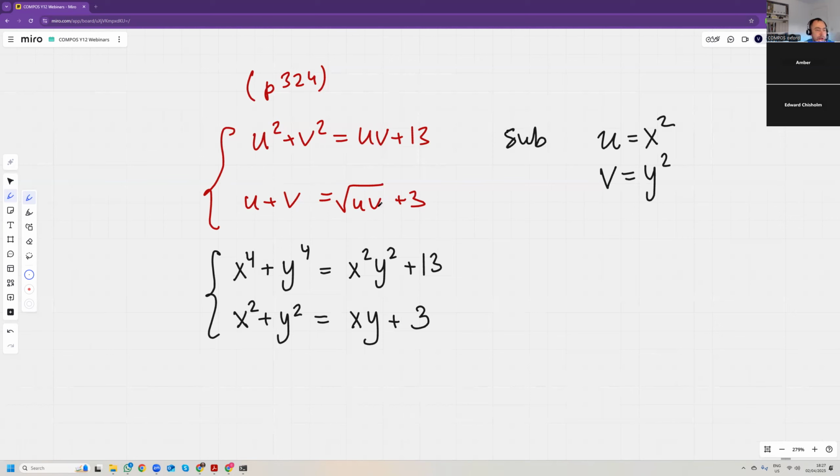Now, you have to mention that uv has to be greater or equal to 0, right? That means when you are taking the square root of x squared y squared, like this thing, it used to be square root of x squared y squared. But how do we know that square root of x squared y squared is xy and not minus xy?